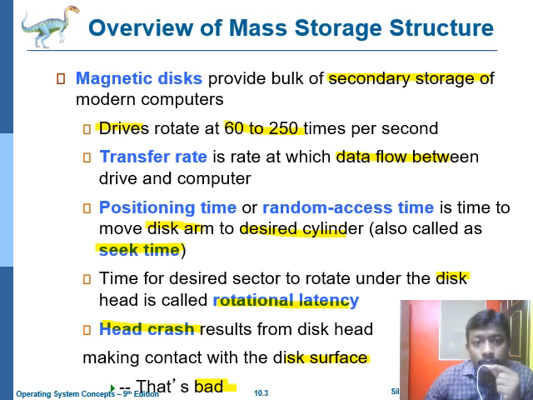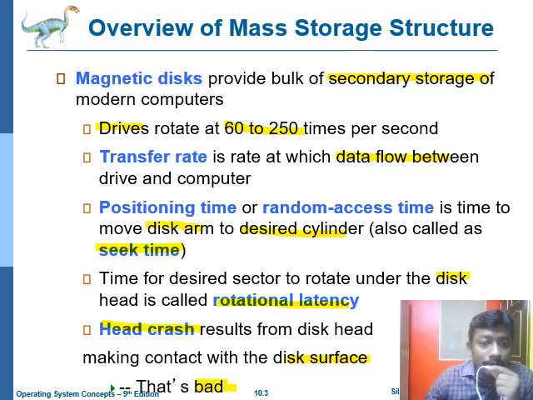So what we have studied is the magnetic disk, which is present in traditional computers and laptops, and provides a bulk of secondary storage in modern computers. This kind of hard disk is a drive which rotates at 60 to 250 times per second.